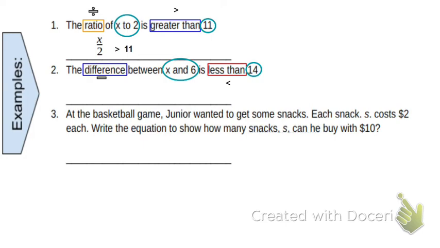The value that matches the first keyword, difference, those are the numbers that you're going to be subtracting. So we have x minus 6, put our less than sign, and that is supposed to be a 14. So make sure you make that a 14 instead of an 11. Good gracious. So change this to a 14. My bad.